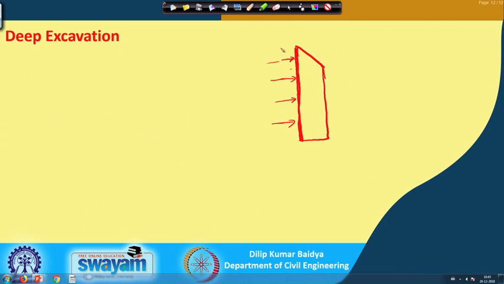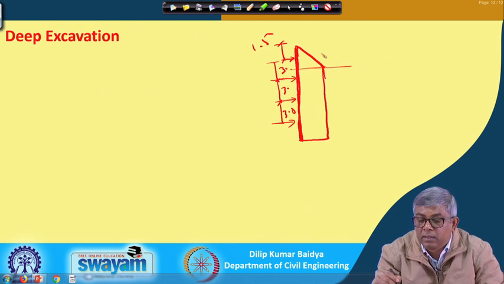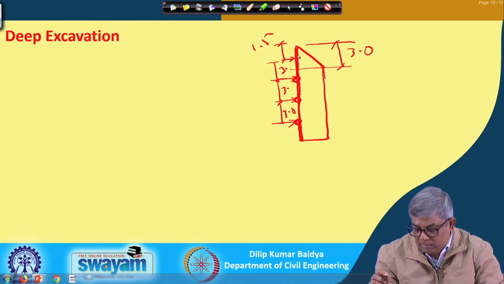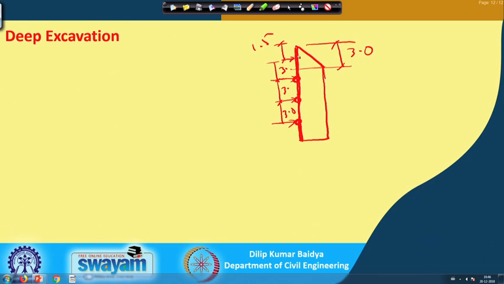And here this is 1.5, this is 3, this is 3, this is 3. Okay. And this is also 3. If I consider hinges here, here, and here, then I can break this.